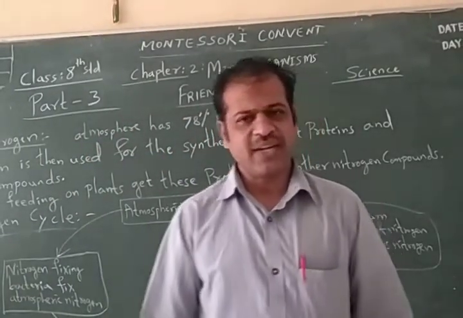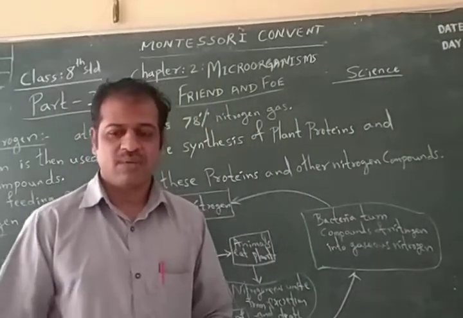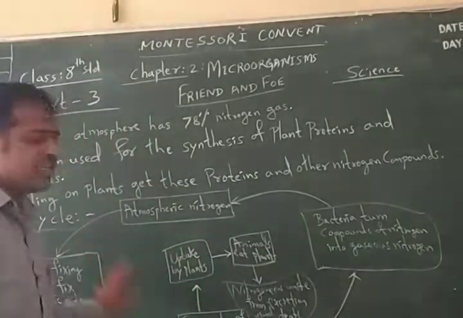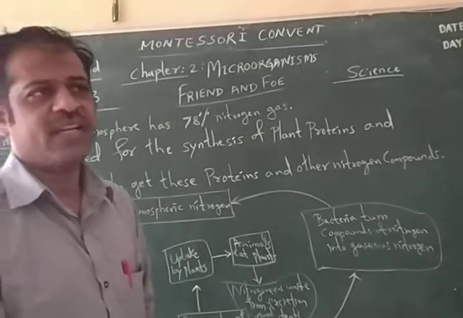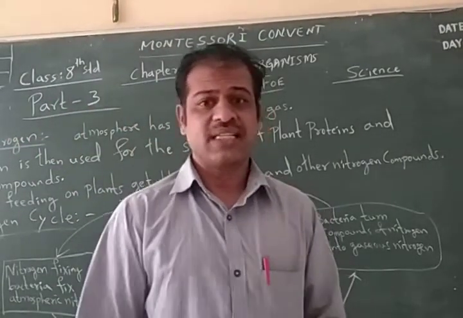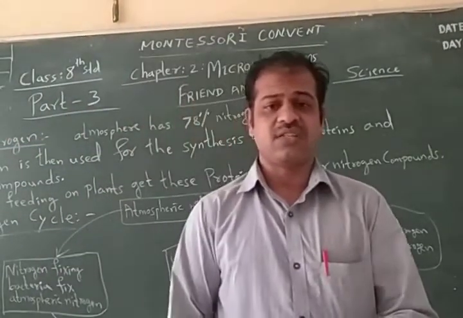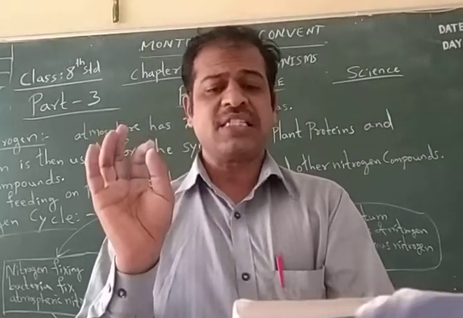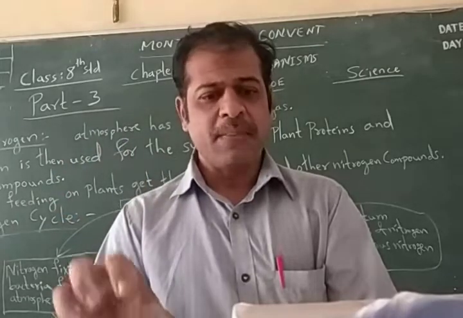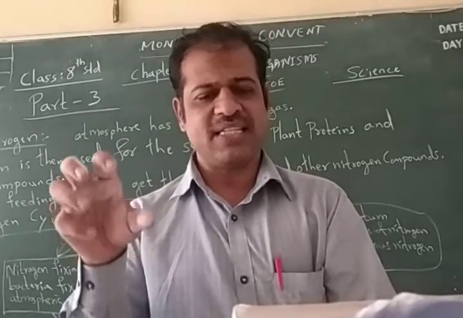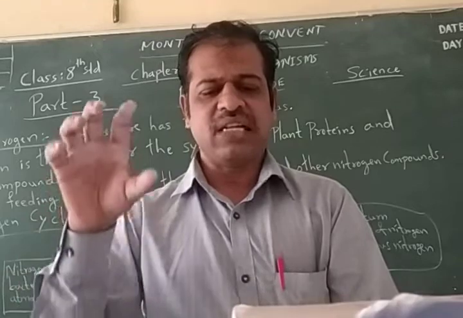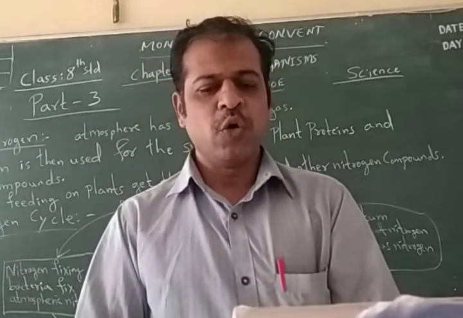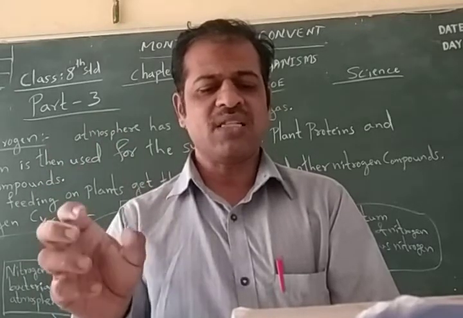Here I will give you some important information regarding the nitrogen cycle. When plants and animals die, bacteria and fungi present in the soil convert the nitrogenous waste into nitrogen compounds to be used by plants again.